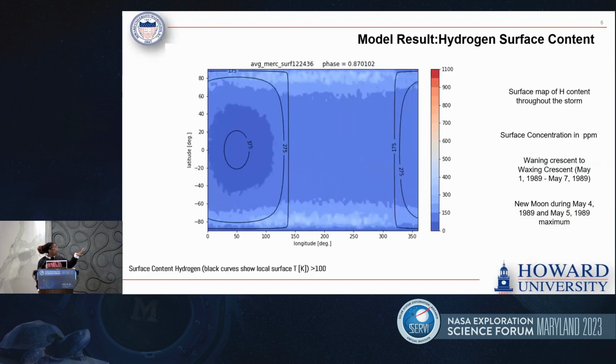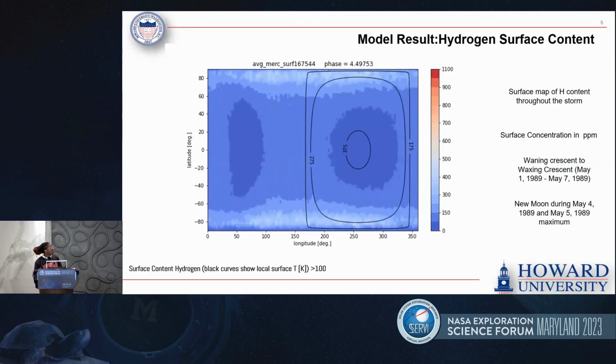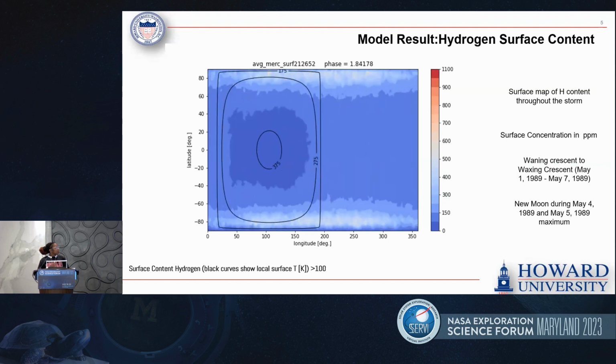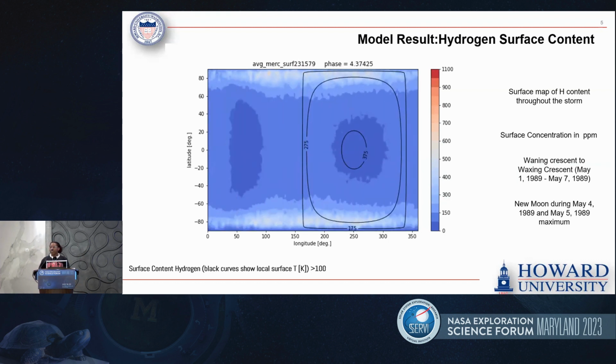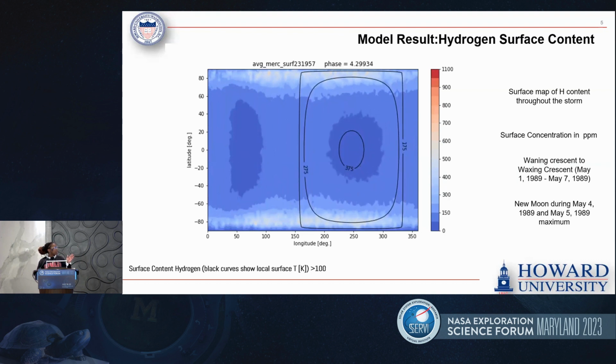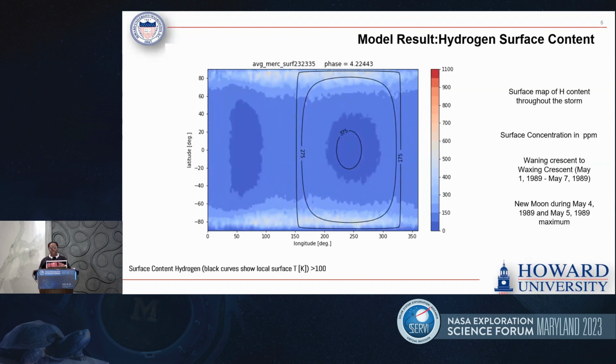So right here in this GIF, we see multiple images of the lunar surface from the beginning, at the moment the coronal mass ejection entered the Earth-Moon system on April 29th, to when it ended on May 7th.